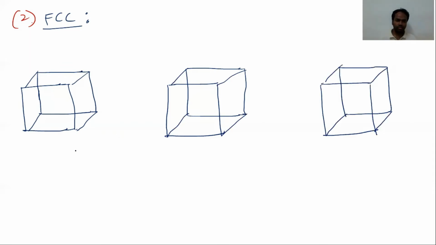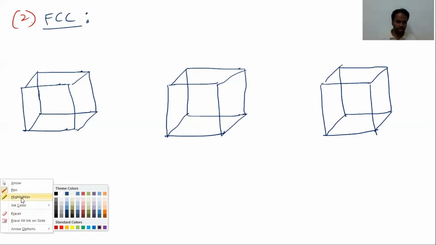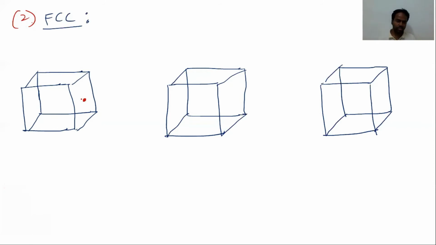In the FCC unit cell, the lattice points are present at the center of each face and at the corners. I want to take this as the reference point.